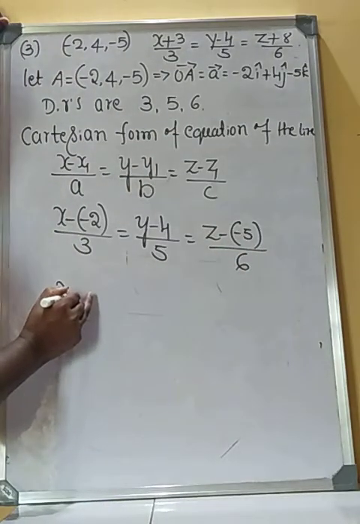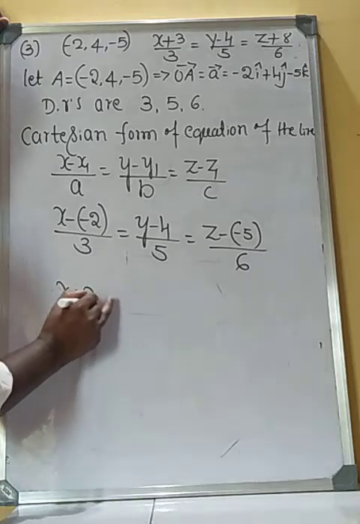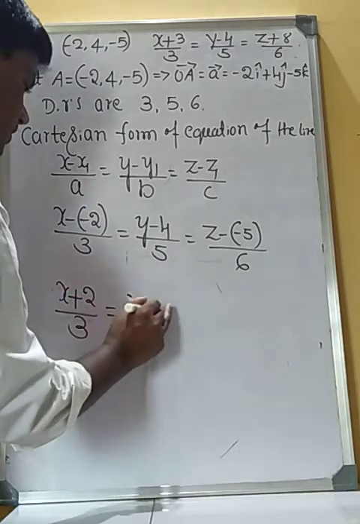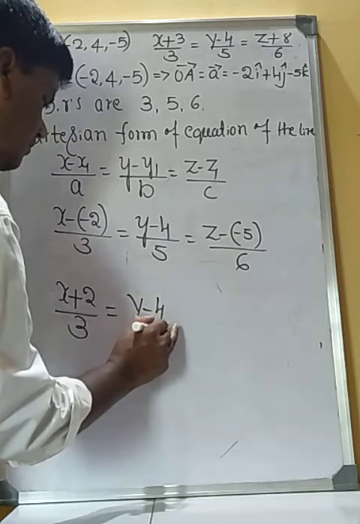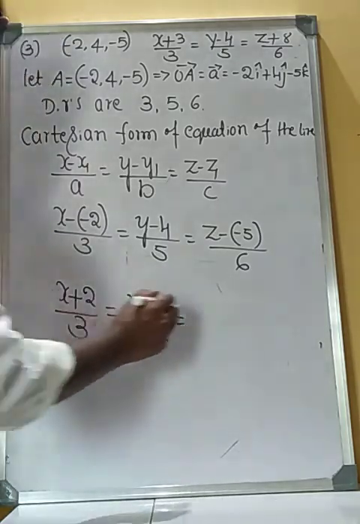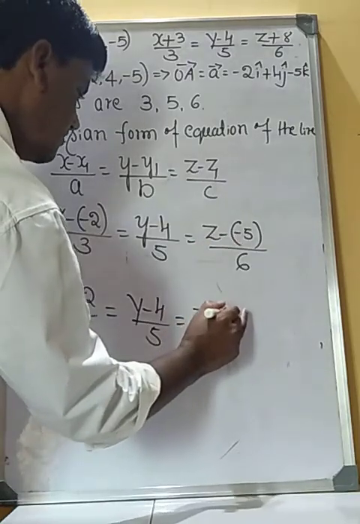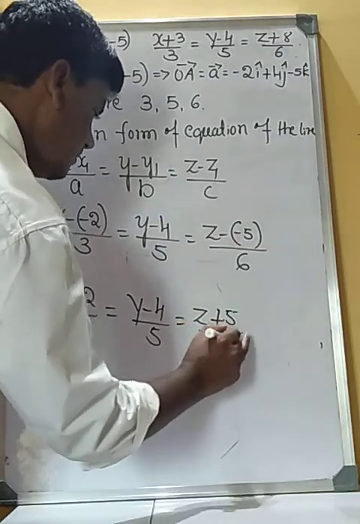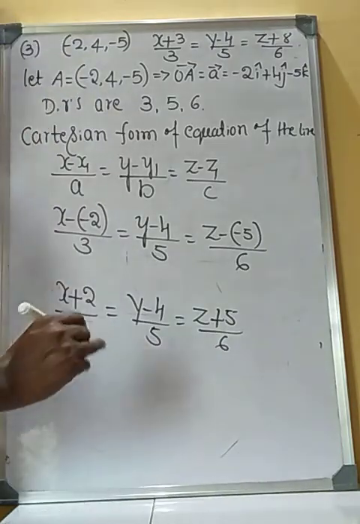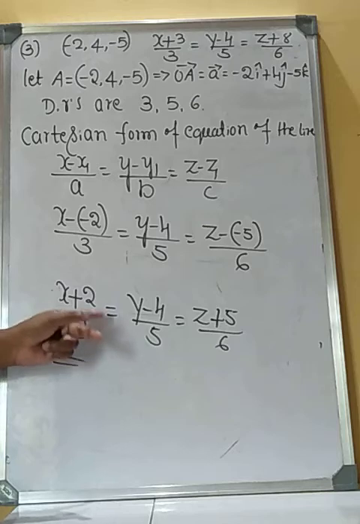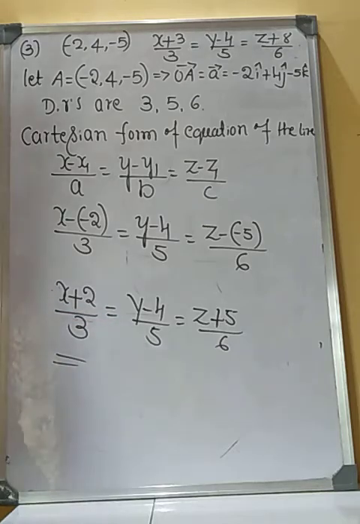Therefore, (x plus 2) by 3 equals (y minus 4) by 5 equals (z plus 5) dividing by 6, which is the Cartesian form of the equation of a line.